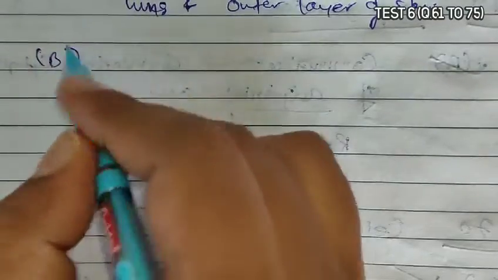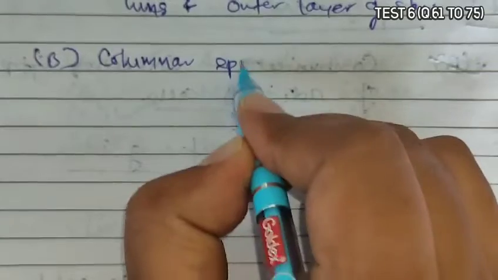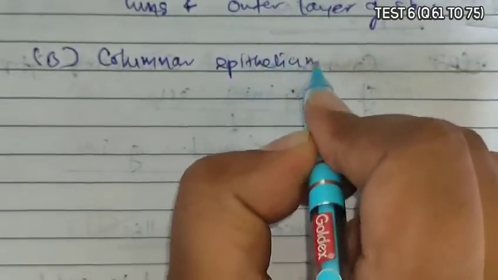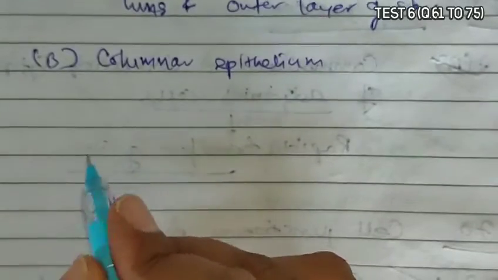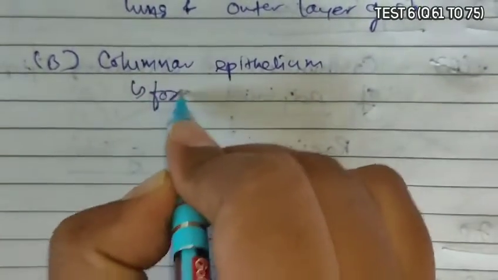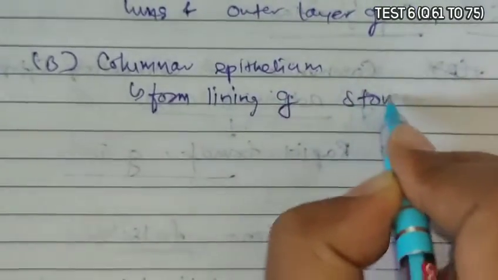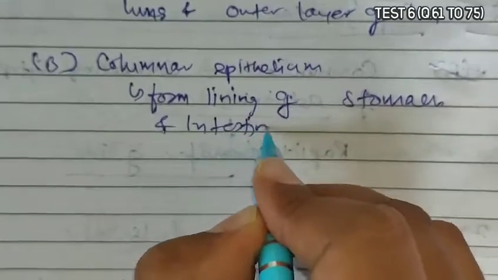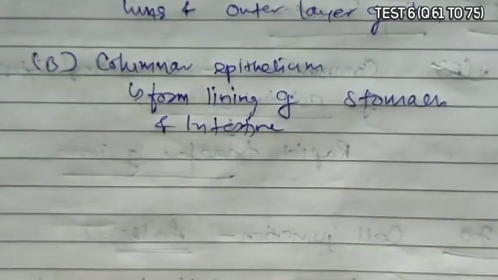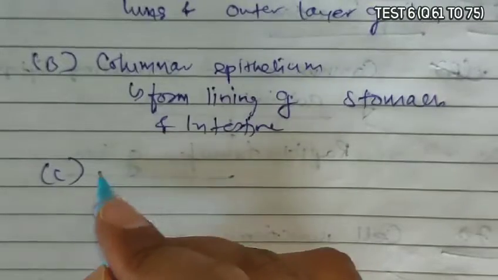Whereas if we talk about option B, that is columnar epithelium, then columnar epithelium forms a lining of stomach and intestine.